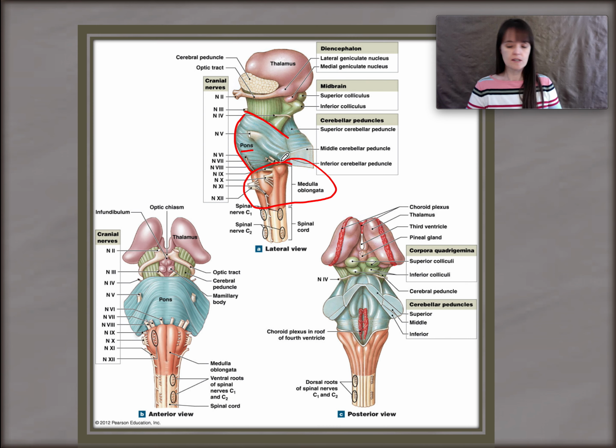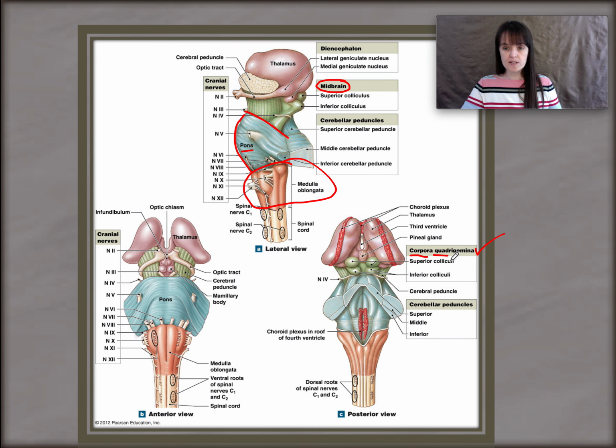The midbrain, also called the mesencephalon. The corpora quadrigemini, which is these 4 bumps right here are the corpora, and of course corpus means body, like Corpus Christi. Corpora is the plural.